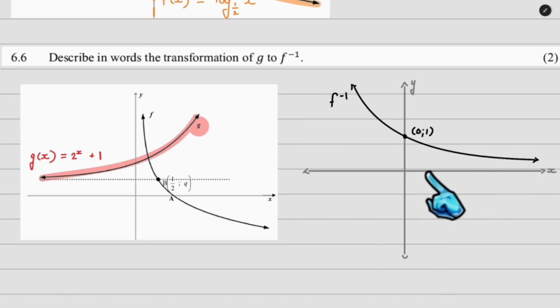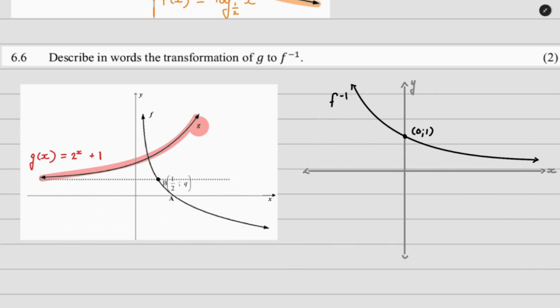And then the last question from question 6.6. Describe in words the transformation of G to the inverse of f. So they're basically saying, how did I change this graph into this graph? So we can see it's been reflected over the y-axis because it points in the opposite direction now.